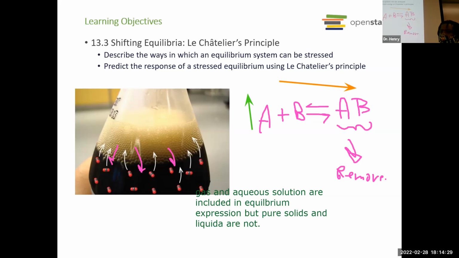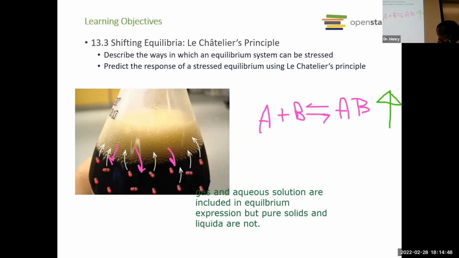Let's say somebody gave me a starter batch of AB, right? And so now I'm increasing AB. Let me erase this. What's going to happen now? So I just start dumping a whole bunch of AB into our vat.